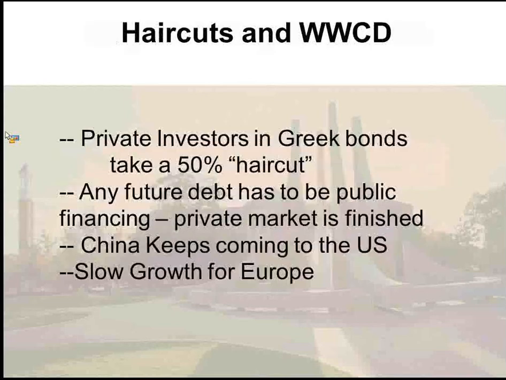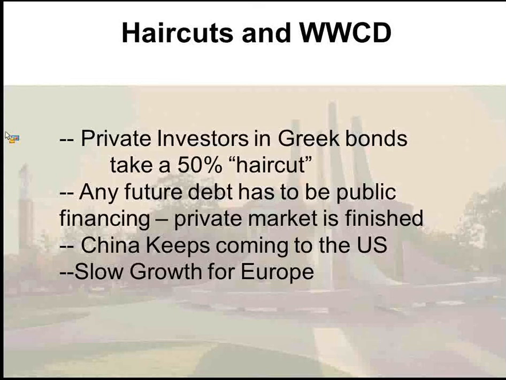And so here are some of the consequences. Haircuts, people taking haircuts, and then the famous bumper sticker you see, WWCD, what would China do? Private investors in Greek bonds have already taken a 50% haircut. That means that if you gave Greece 1,000 euros and you're holding a 1,000 euro Greek-denominated bond, then you now have 500 euros in Greek-denominated bonds.